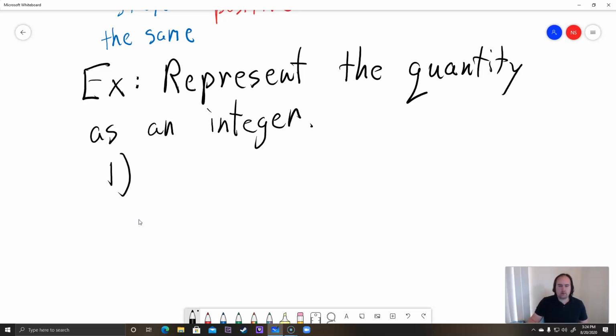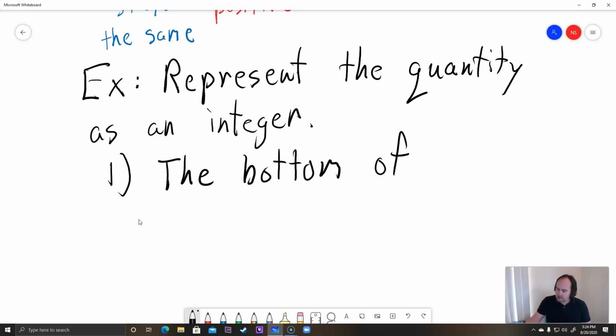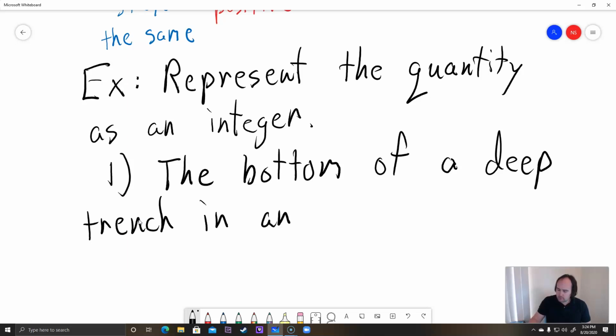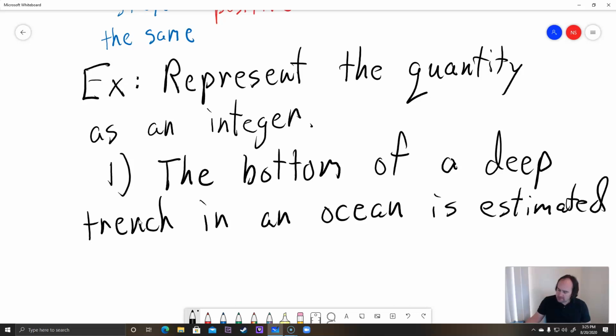Example number one says that the bottom of a deep trench in an ocean is estimated to be 12,913 feet below sea level.